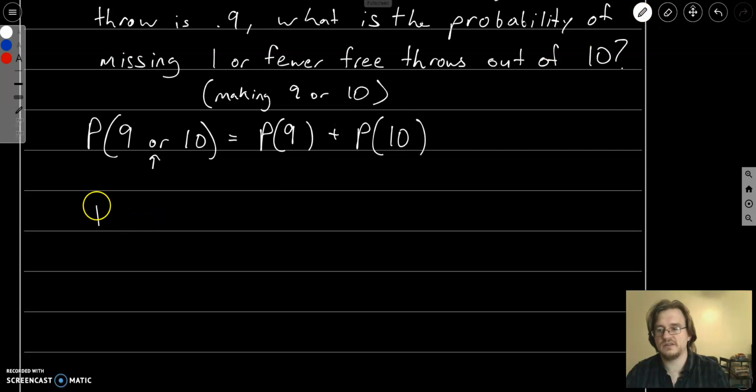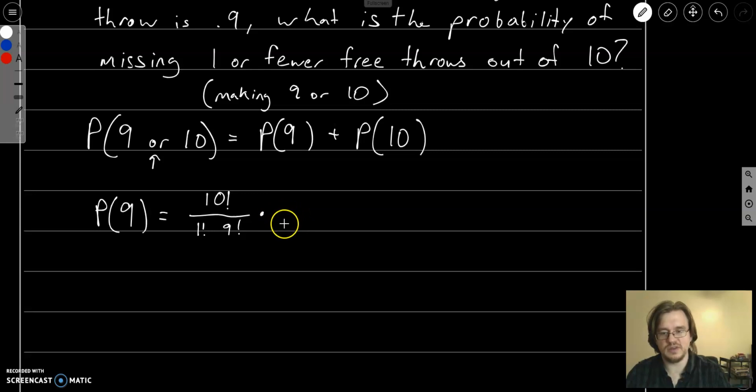So first of all, the probability of making 9 free throws. We have our formula. This will be the number of free throws we're shooting divided by the number of free throws we miss, factorial, times the number of free throws we made, factorial. And that's the first number.